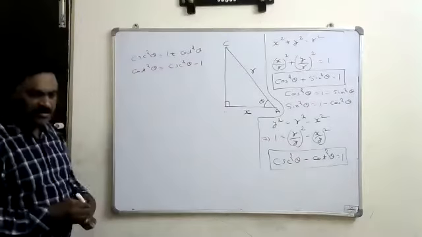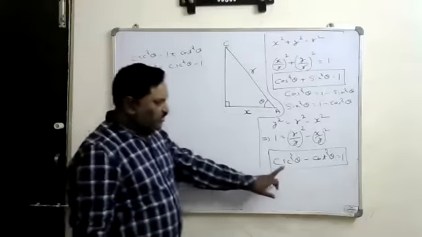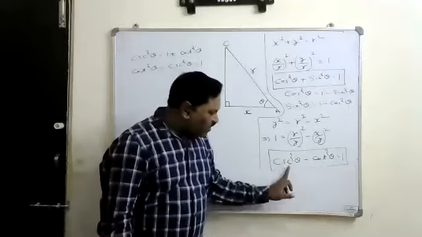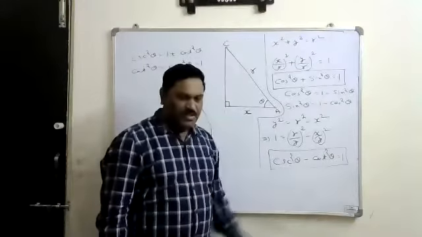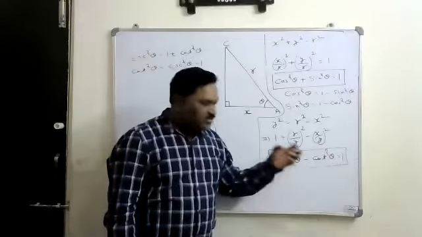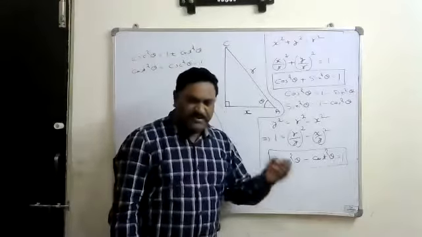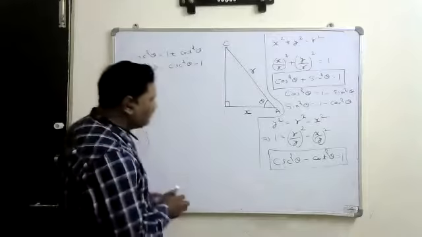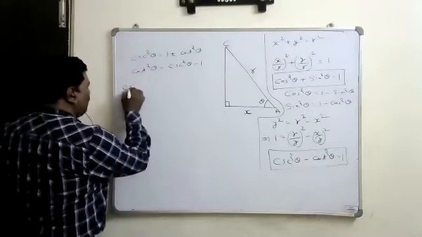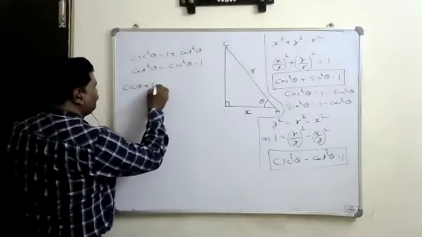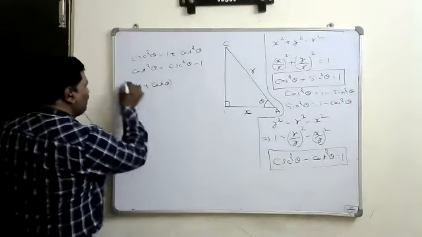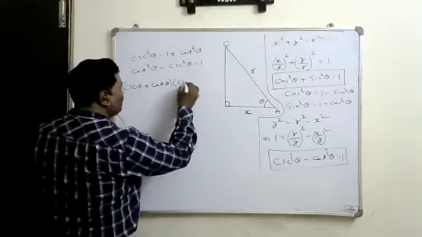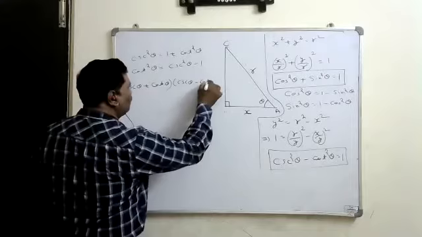Okay. And one more thing: if you observe this, since it is in the form of a square minus b square, this you can also write as a plus b into a minus b. A plus b means cosecant theta plus cot theta, into a minus b, which is cosecant theta minus cot theta, is equal to 1.